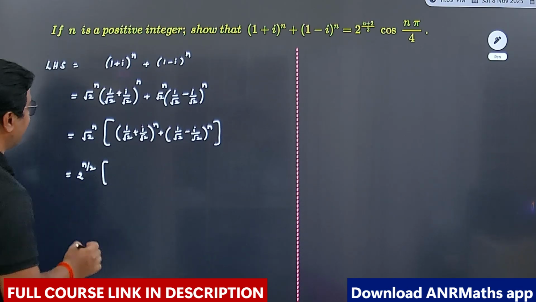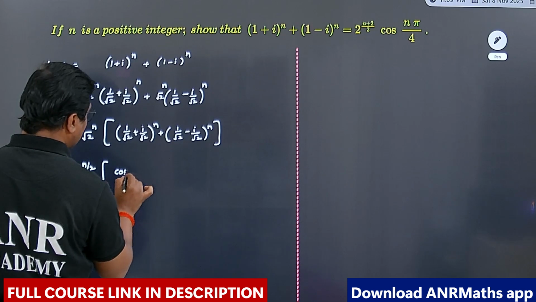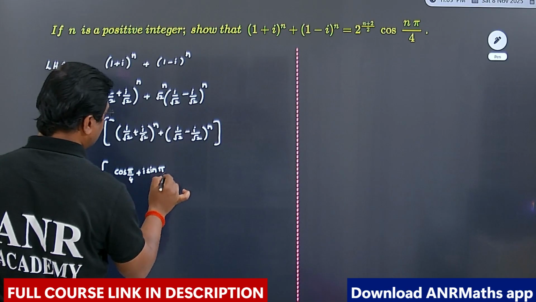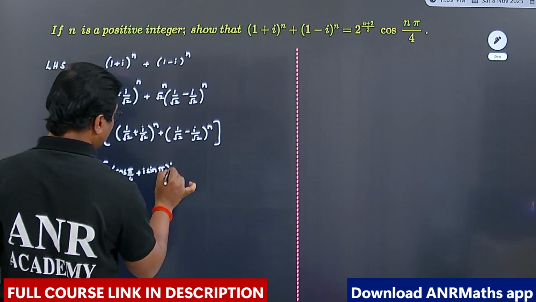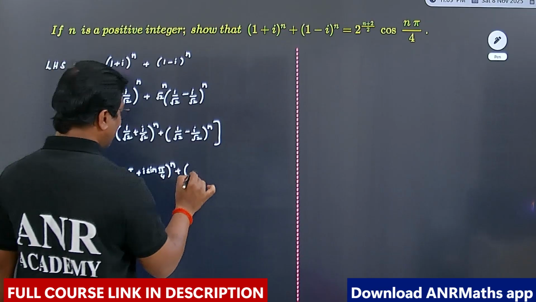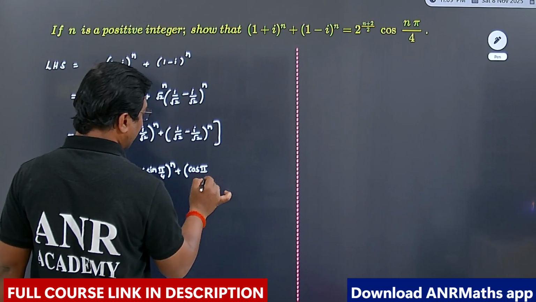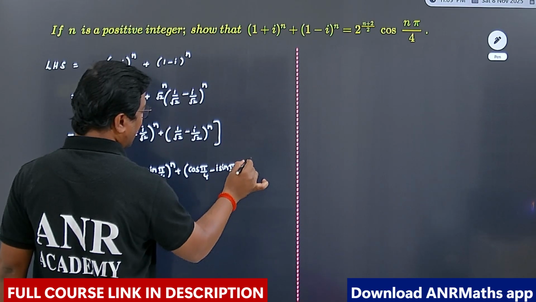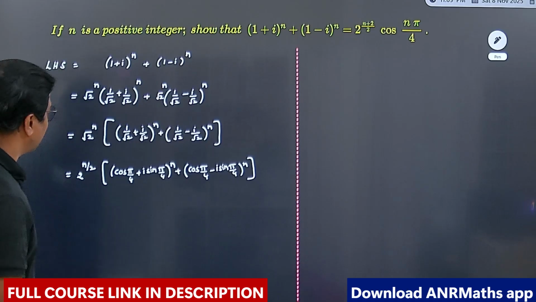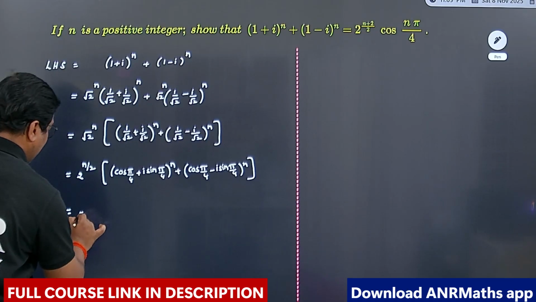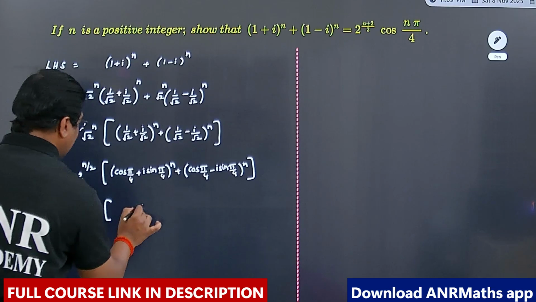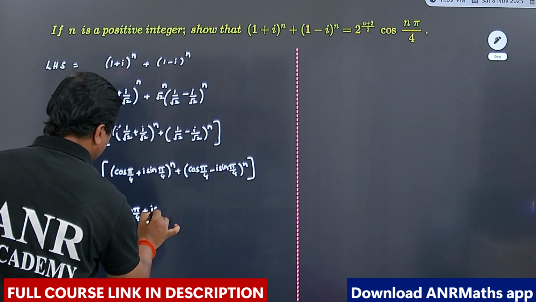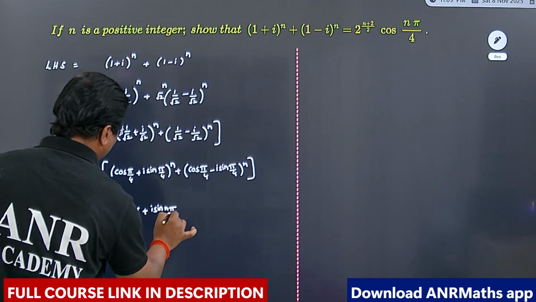Next, this is cos pi by 4 plus i sin pi by 4 whole to the power of n. Next plus, and this one you can write cos pi by 4 minus i sin pi by 4 whole power n. Now by De Moivre's theorem it can be written as inside cos n pi by 4 plus i sin n pi by 4.